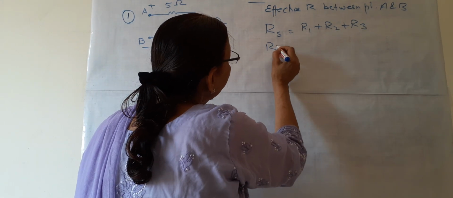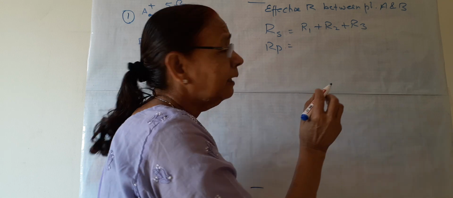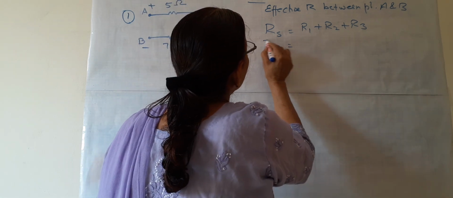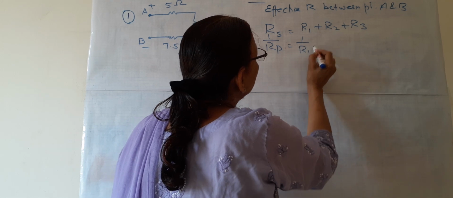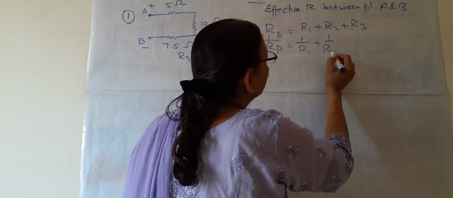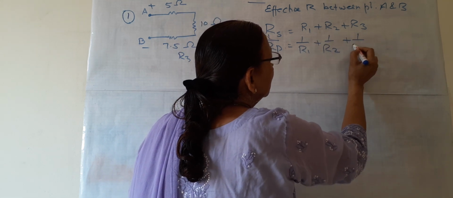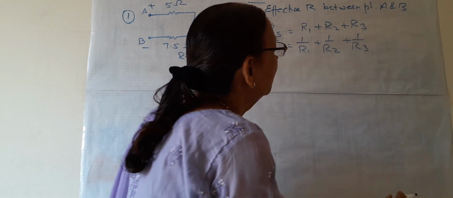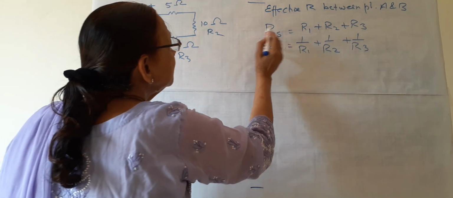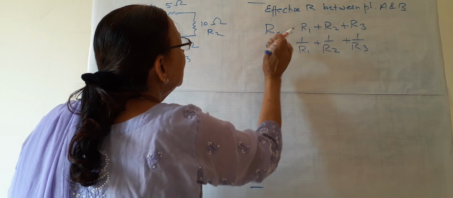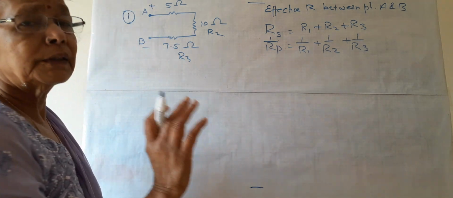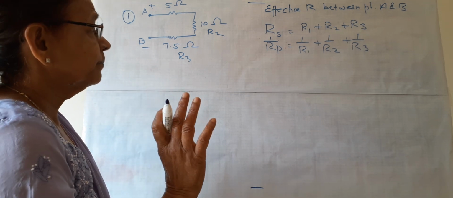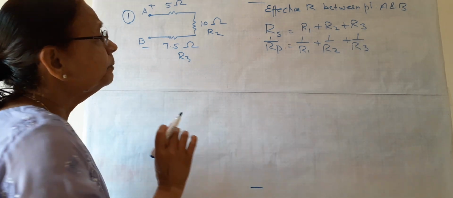But if the resistors are in parallel, then the total is 1 upon Rp is equal to 1 upon R1 plus 1 upon R2 and 1 upon R3. So these are 2 formulas for calculating total resistance.